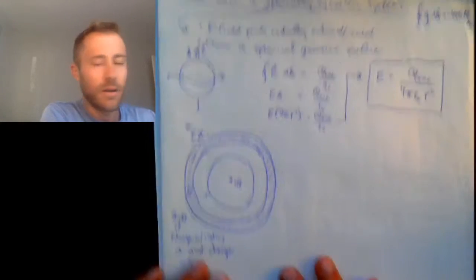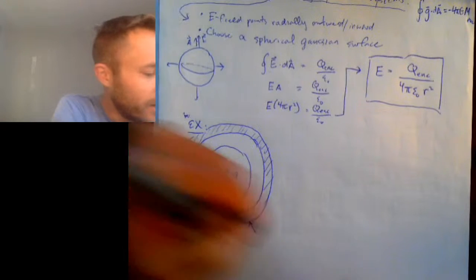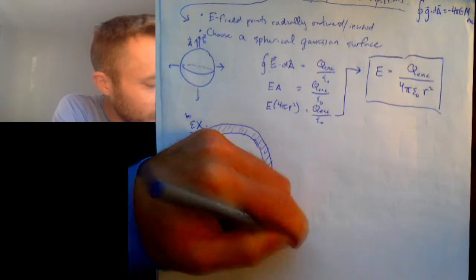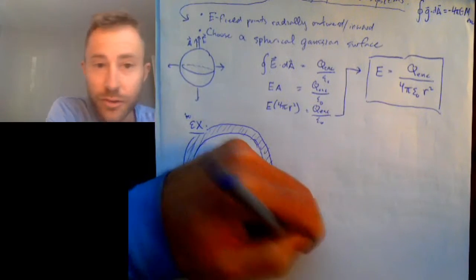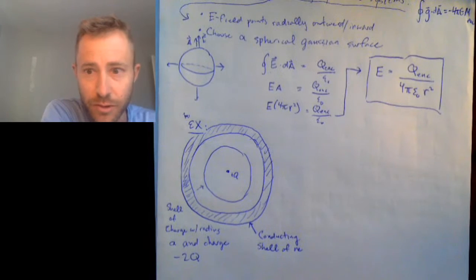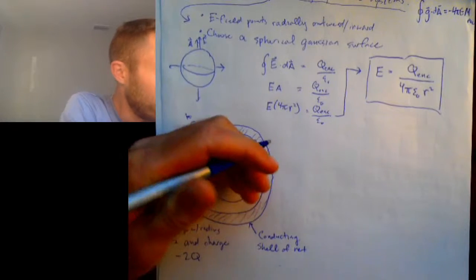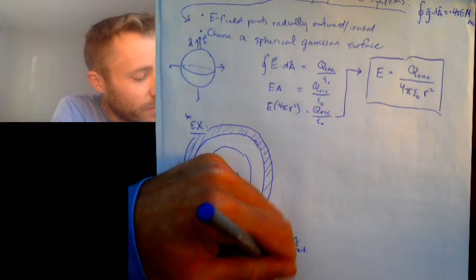Okay. So this right here is a conducting shell of net charge, so it's not a neutral conductor, it's a conductor with a net charge.